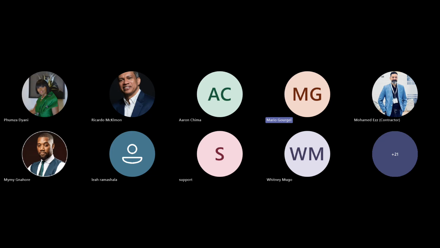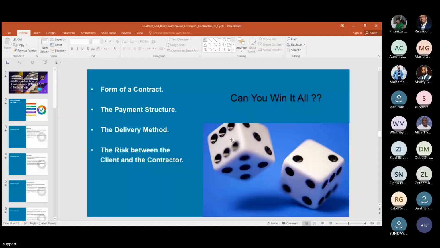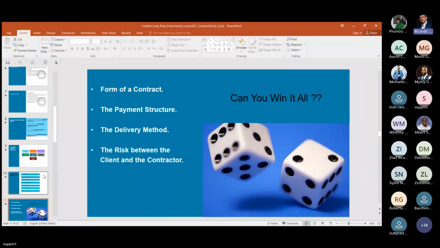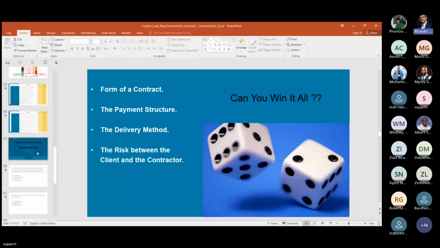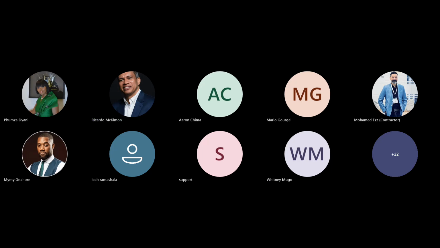All right. But what are the situations that will indemnify the owner or the contractor, Mario? Please, Ricardo. First of all, get an understanding of what situations allow for an indemnity. I think we have to start there.